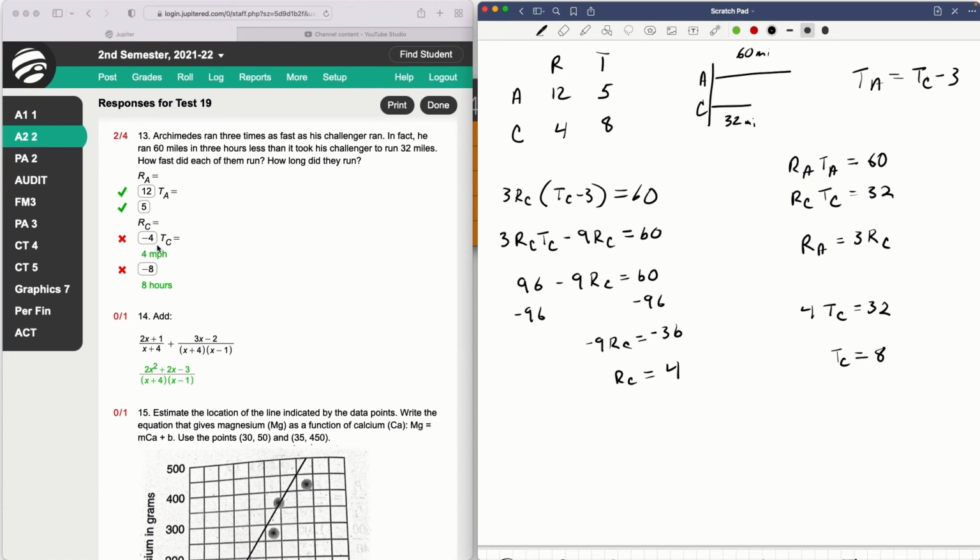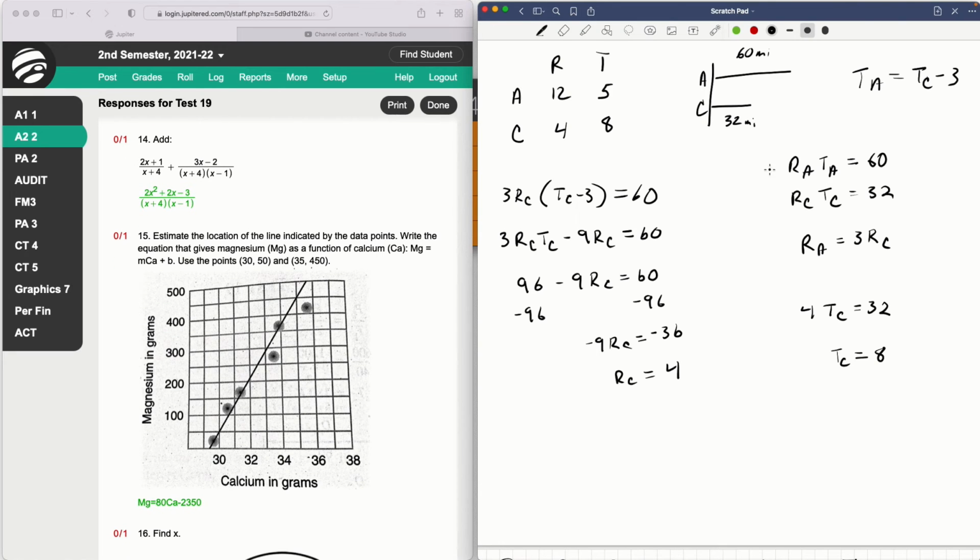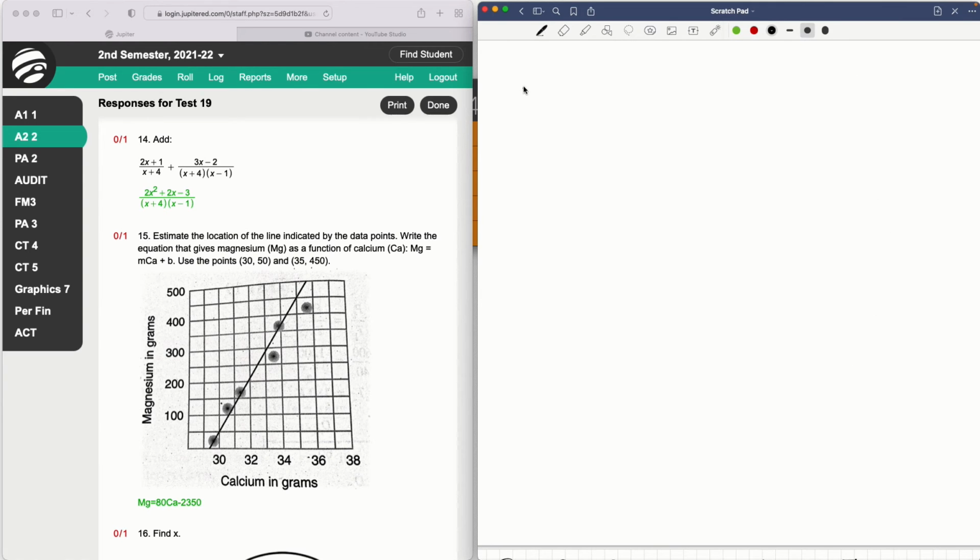All right, number 14. Let's do it. So 2x plus 1 over x plus 4, plus 3x minus 2 over x plus 4, x minus 1. We just need to multiply the top and the bottom by x minus 1.